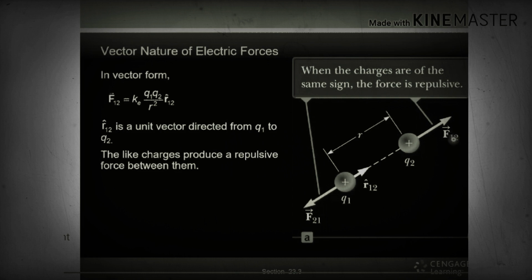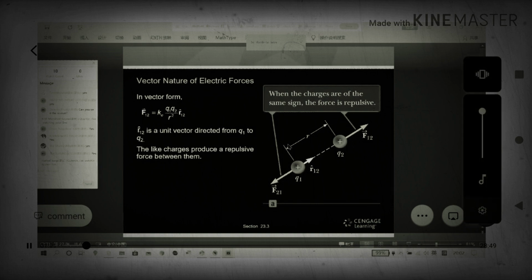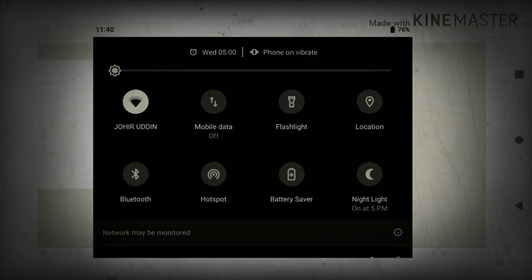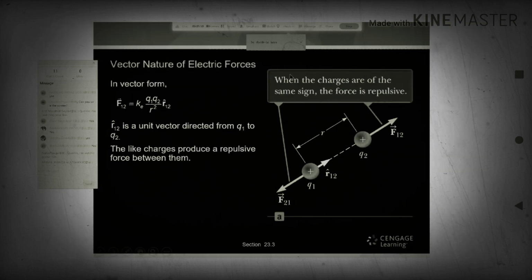Pay attention to the subscript. What I'm going to do is write Coulomb's law in vector form. Now, this is the picture I was talking about.